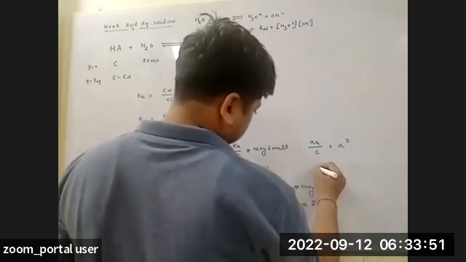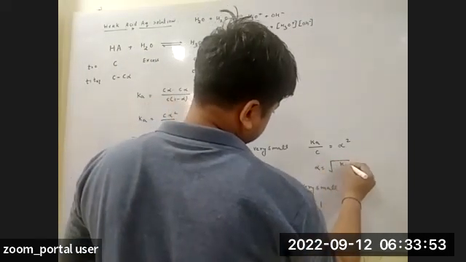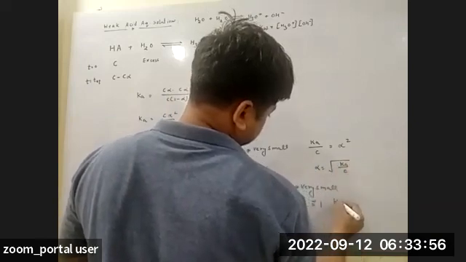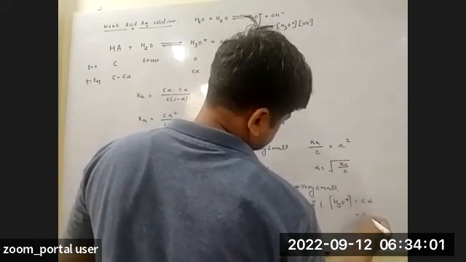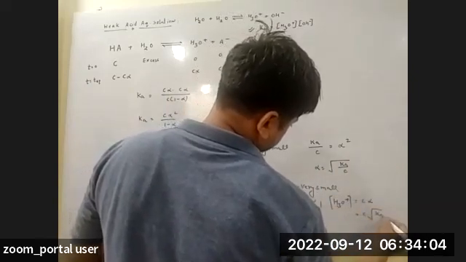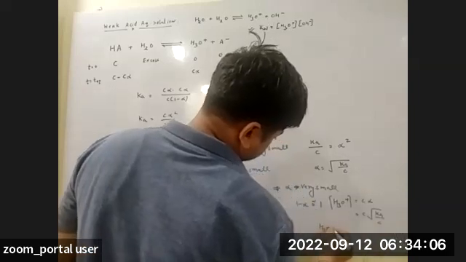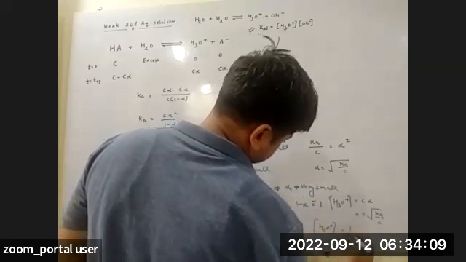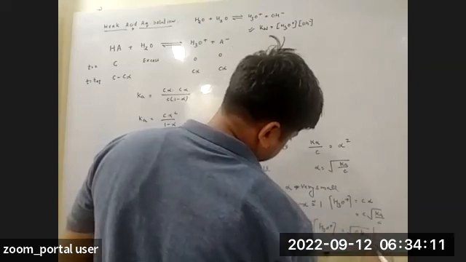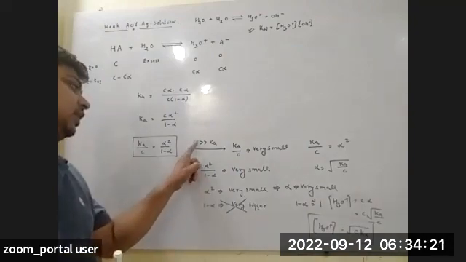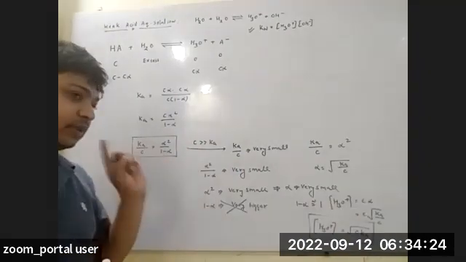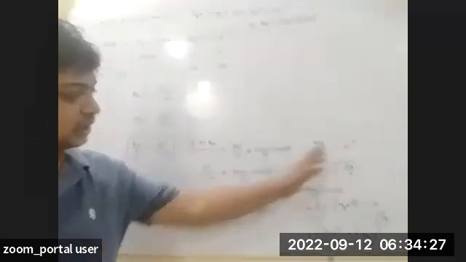Now alpha will be equal to root K by C, and H3O plus will be C into alpha, C into root K by C. So finally H3O plus will be root of C into K. Is there any doubt in this section? Just after seeing the values of C and K, we will proceed. If C is very, very greater than K, then we can proceed like this.